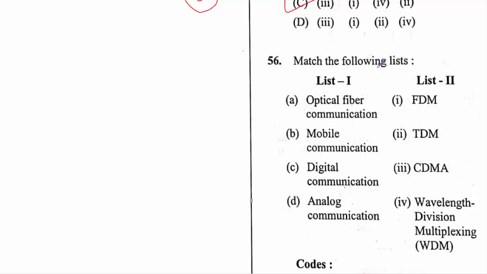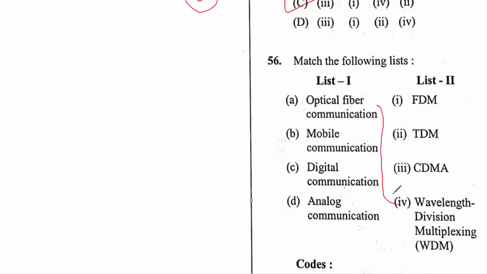56th question, match the following. Optical fiber communication, mobile communication, digital communication, analog communication. On the other side, they have given frequency division multiplexing, time division multiplexing, code division multiplexing, wavelength division multiplexing. In optical fiber communication, we use wavelength division multiplexing.